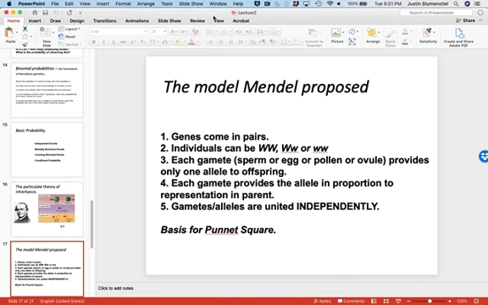Each gamete provides the allele in proportion to the representation in the parent. So if the parent's big W big W, all their alleles will be of that type. If the parent's big W little w, it's 50-50.